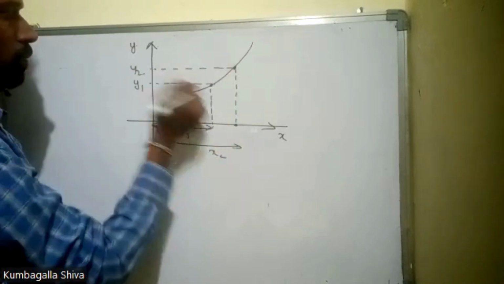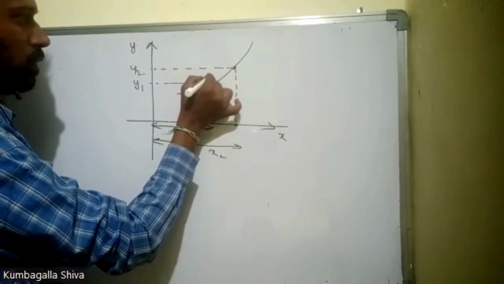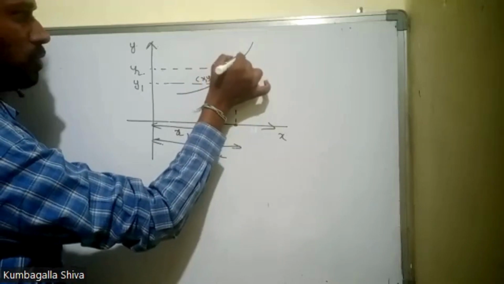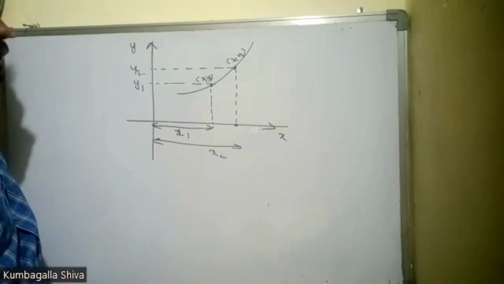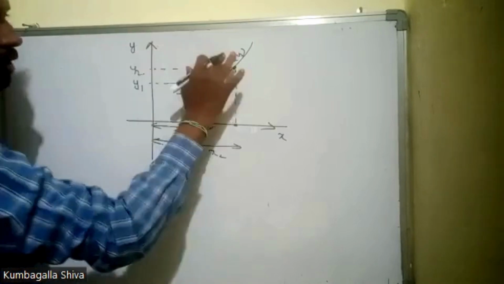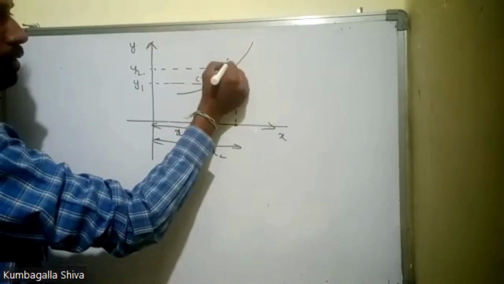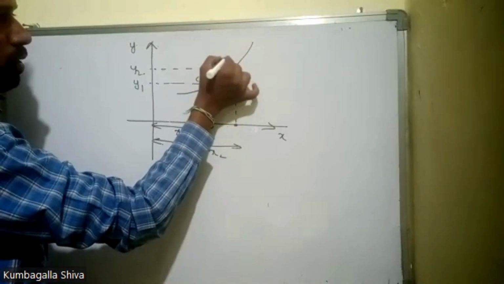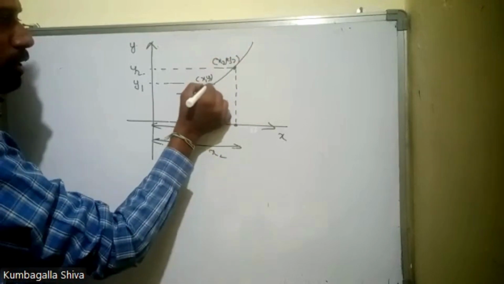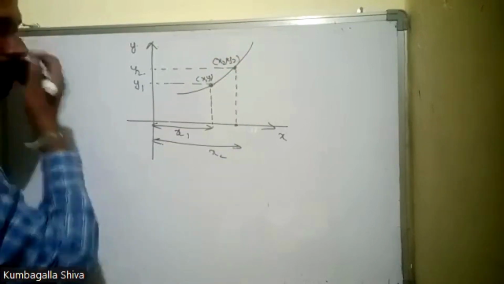So this point is x1, y1 and this point is x2, y2.